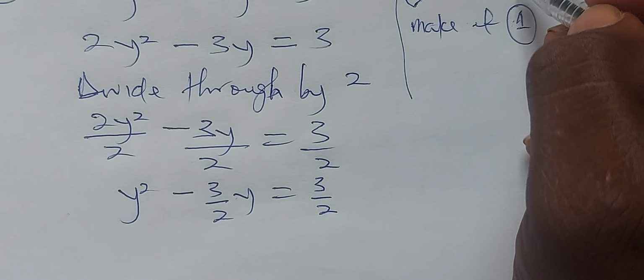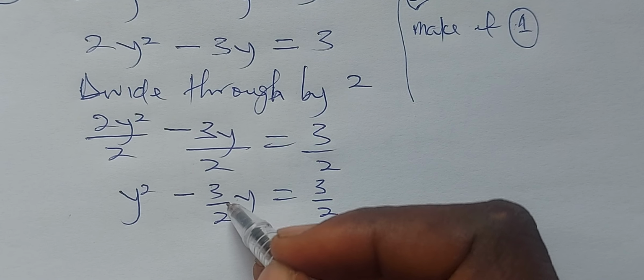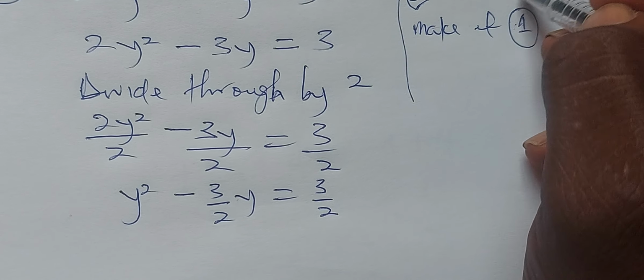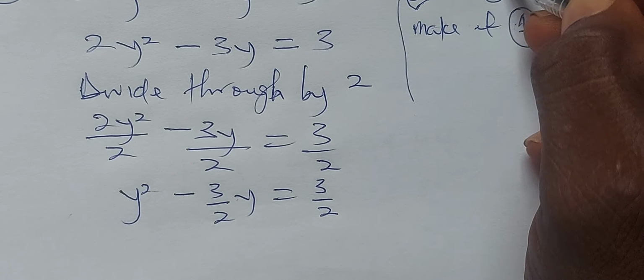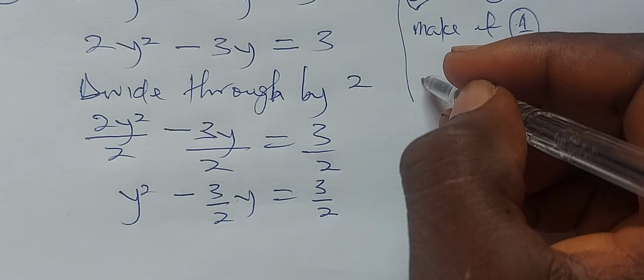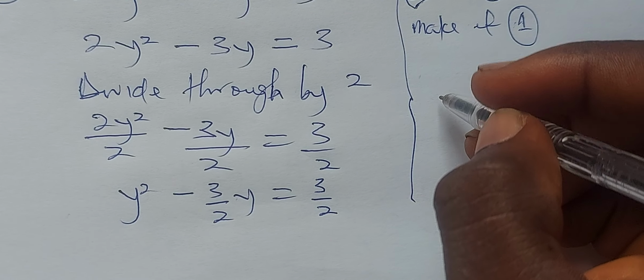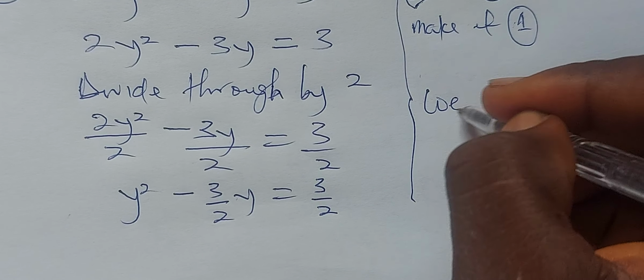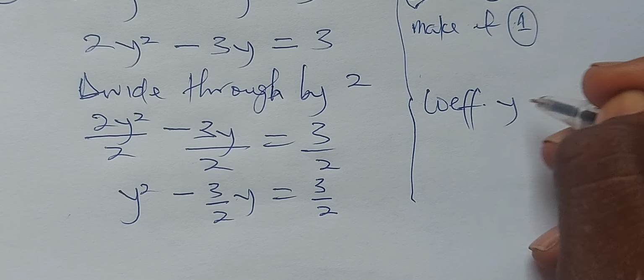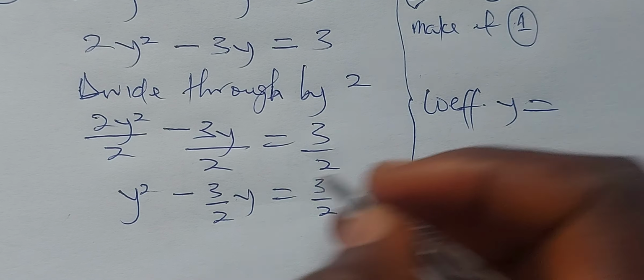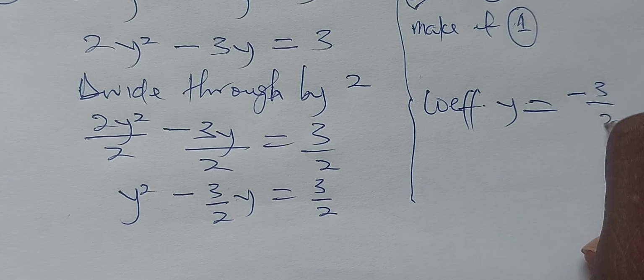Now the coefficient of b, which is the middle one, the coefficient of x, which is b, now half of it, like in this one, half of it is to divide it by 2. The coefficient of y in this equation is minus 3 over 2.